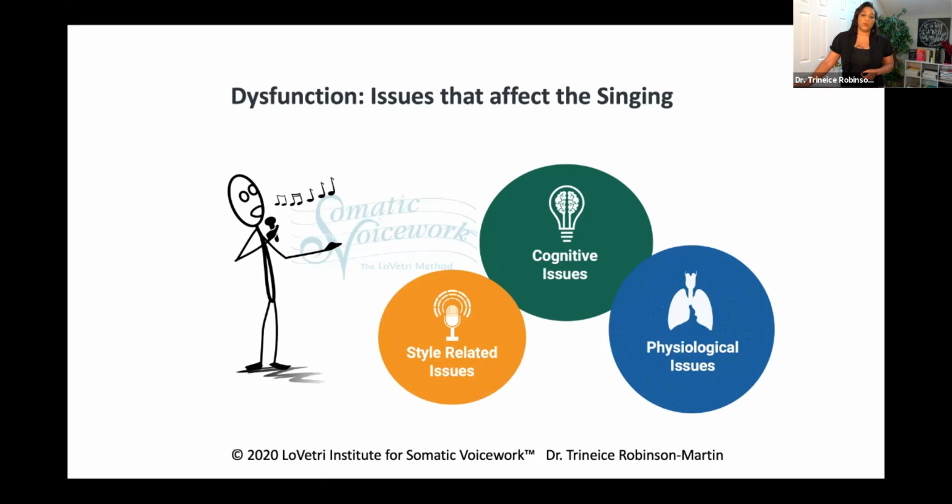Physiological issues, which are centered around physical limitations in the body. Style-related issues that are centered around being able to execute certain style requirements. It's important to recognize that although I will be presenting these categories as separate phenomena, they are interrelated.